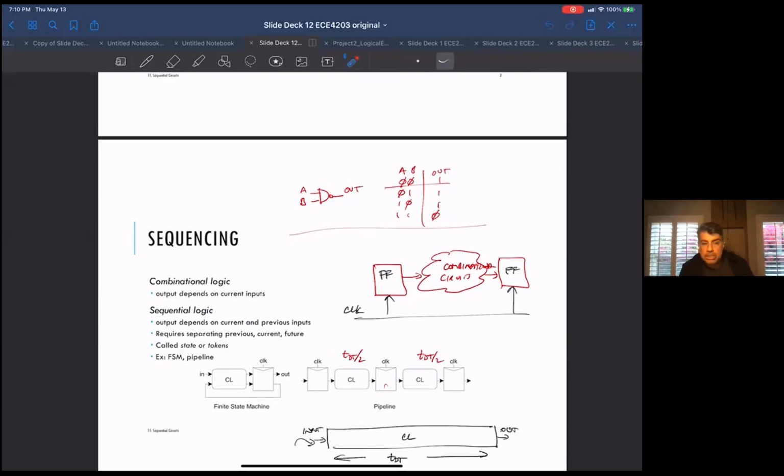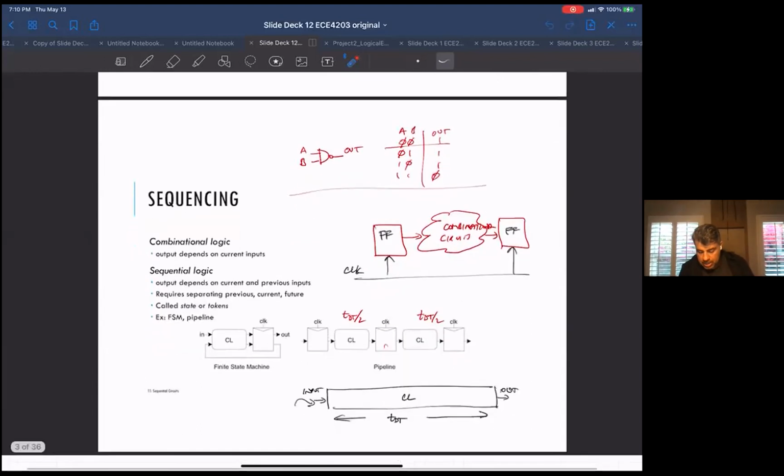It needs to know that at a previous time you actually gave it money. So you need some way to have the concept of some event that happened before. Another good example is pipeline stages. I'm sure a bunch of you have studied that. It's a way of getting more throughput in your system in a certain amount of time. And again, you need sequential circuits to separate those pipeline stages.